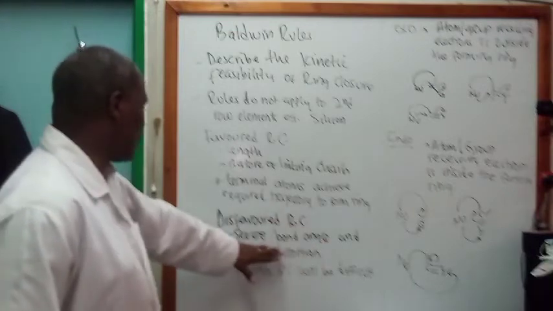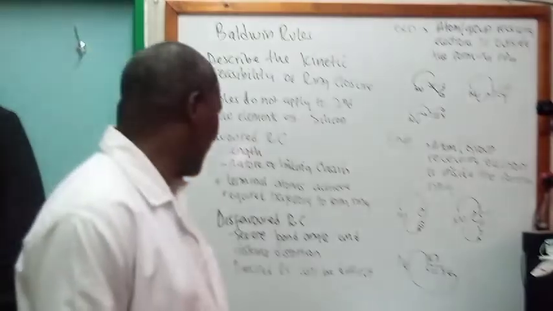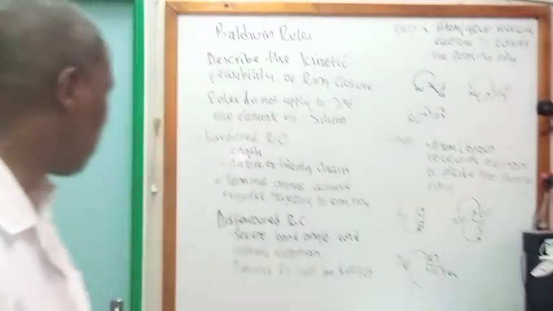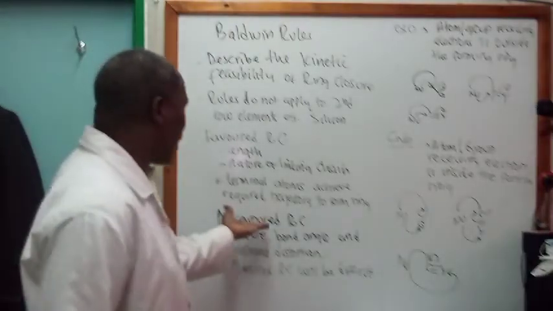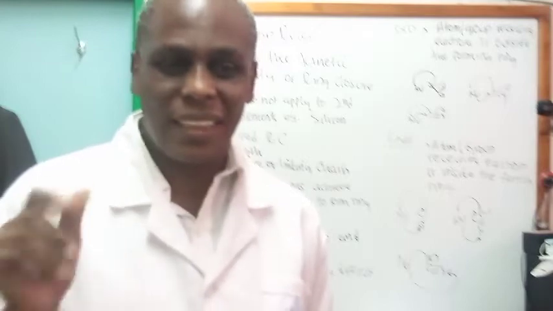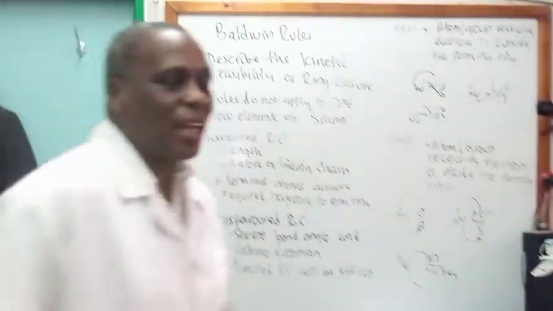Disfavored ring closure means that there is a severe bond angle and distance distortion such that the desired ring closure will be difficult to achieve. Please know that you're talking about disfavored, not forbidden. There's a difference between allowed and forbidden.